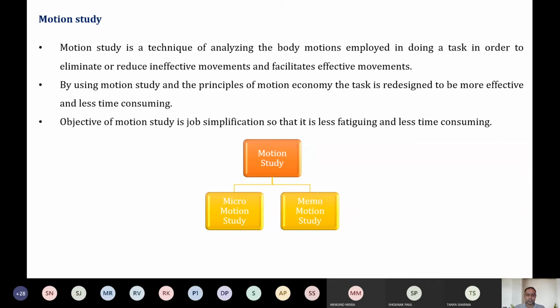But over a period of time, to improve production or the quality of the work, workers are trained to do certain things in a certain way to improve productivity and quality. That's why motion study is very important.